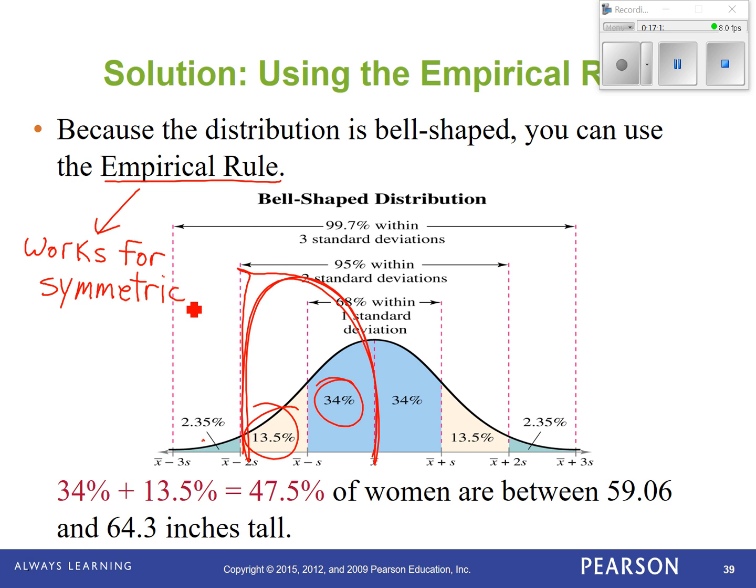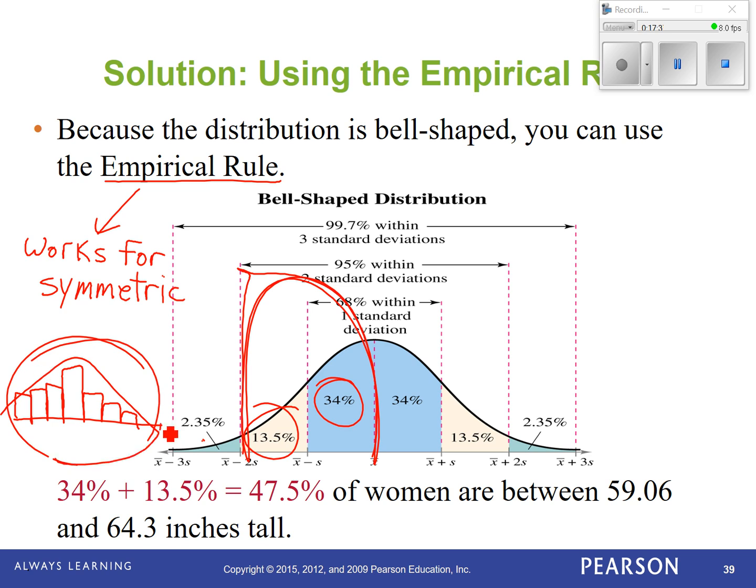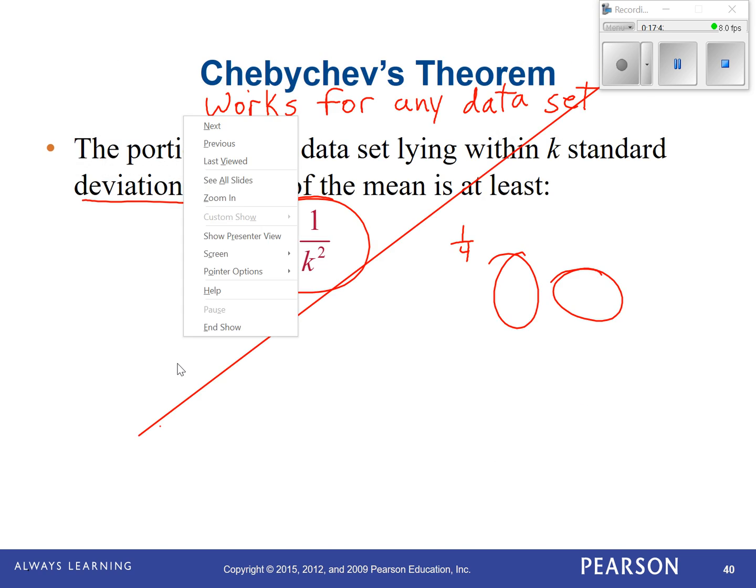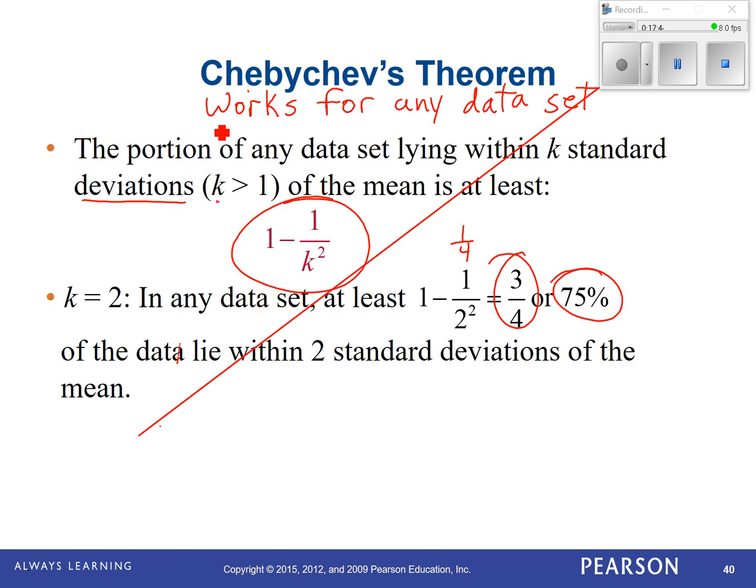It doesn't have to be exactly symmetric, but it has to sort of look like that bell curve, or if we're on a histogram, it has to look somewhat symmetric. So the empirical rule works for stuff that sort of fits the bell curve, and Chebyshev's works for most any kind of data.